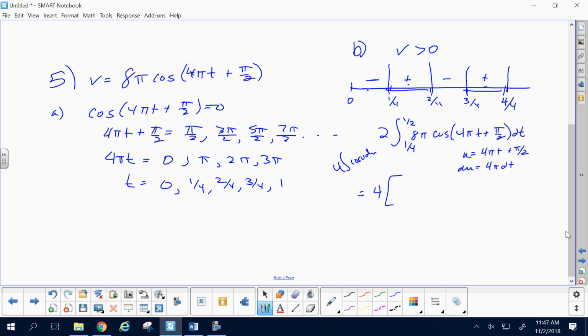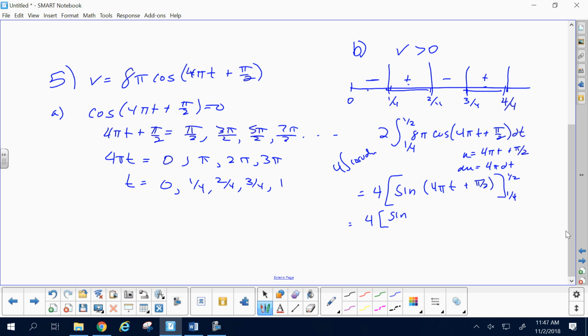So the antiderivative of cosine u is negative sine u or sine u? Sine u. So sine of 4 pi t plus pi over 2 from 1/4 to 1/2. That's 4 times sine of, let's see, 4 pi over 2, which is 2 pi.